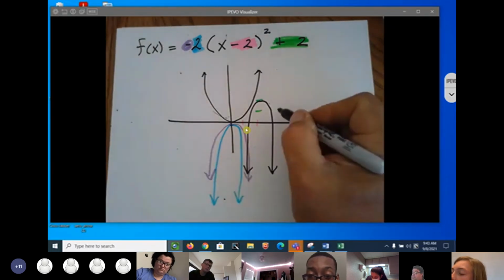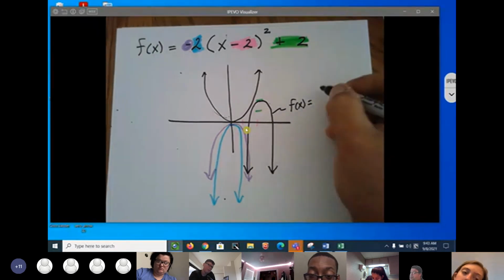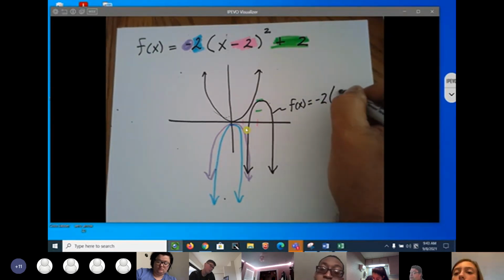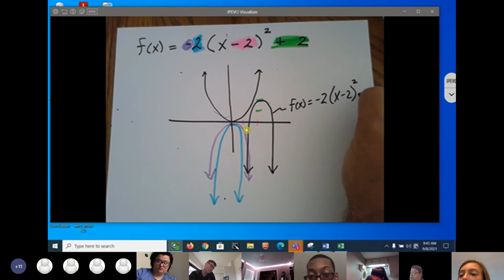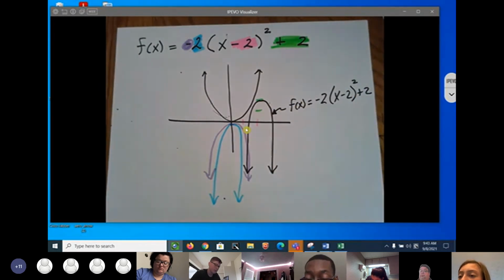So that is f of x is equal to negative 2 times x minus 2 quantity squared plus 2. And that's how you do the parent graphs, vertical, horizontal shift, and orientation.